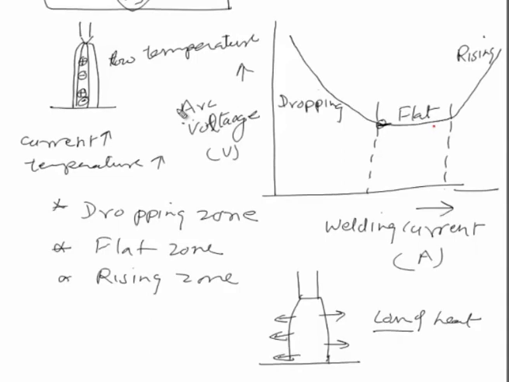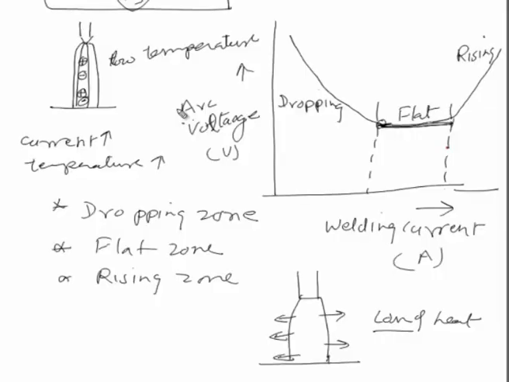No significant change in the temperature results in no change in the particle density, and therefore your arc voltage largely remains constant. So, this is the region where an increase in welding current does not change arc voltage appreciably, and this is called the flat zone.